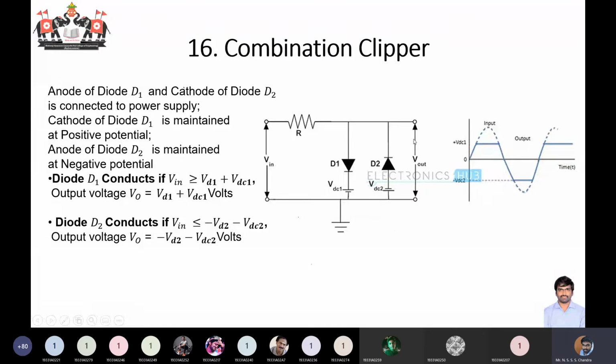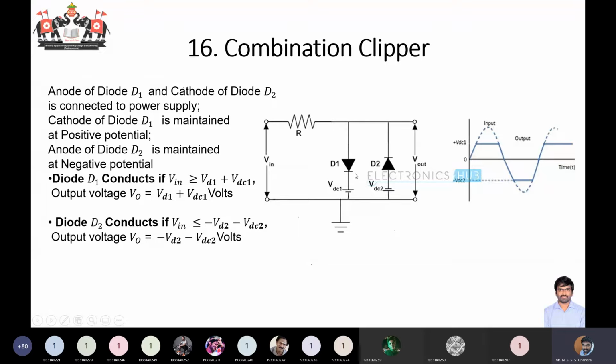And also we have bias voltages, because based upon the bias voltages, the clipping portions will also be shifting. Okay, so for the diode D1, the anode is connected to the supply, and for the diode D2, the cathode is connected to the supply. So that's what we have written: anode of diode D1 and cathode of diode D2 connected to the power supply.